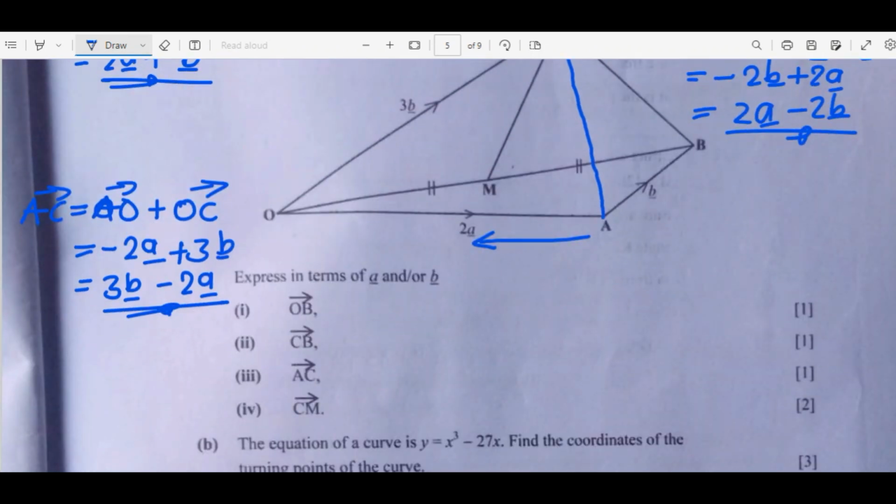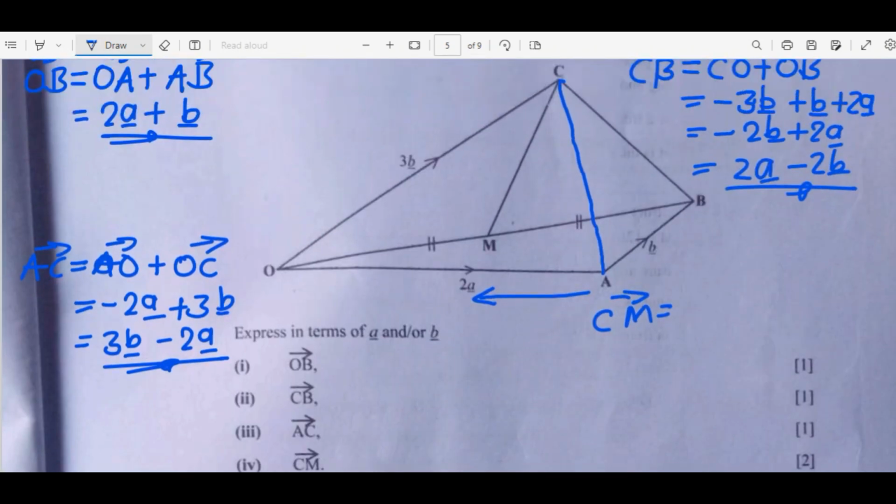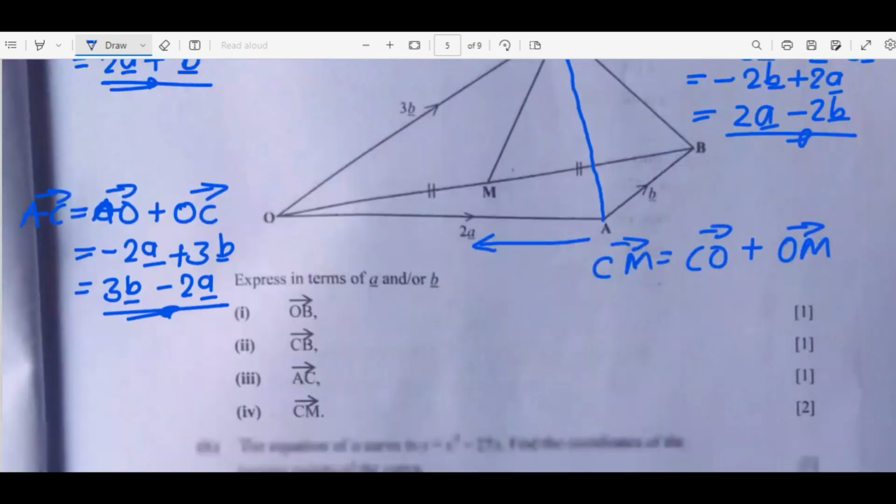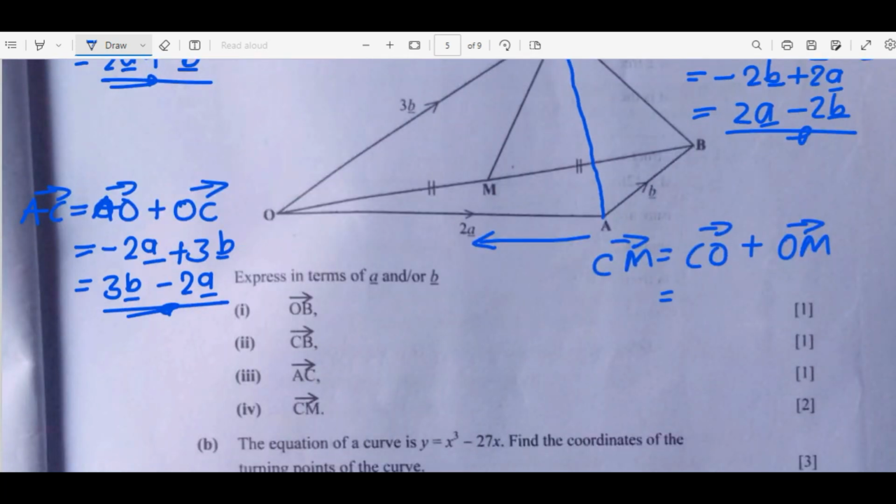Then what of the vector CM? How can we find CM? We want to move from C to M, so we'll move from C to O plus OM. Now if you look at this one, CO is negative 3b.